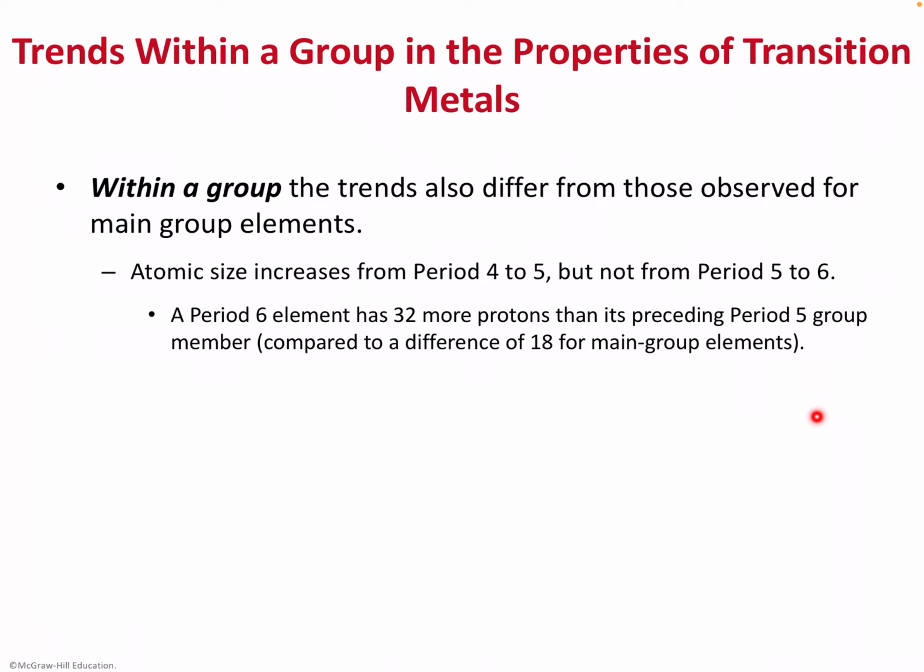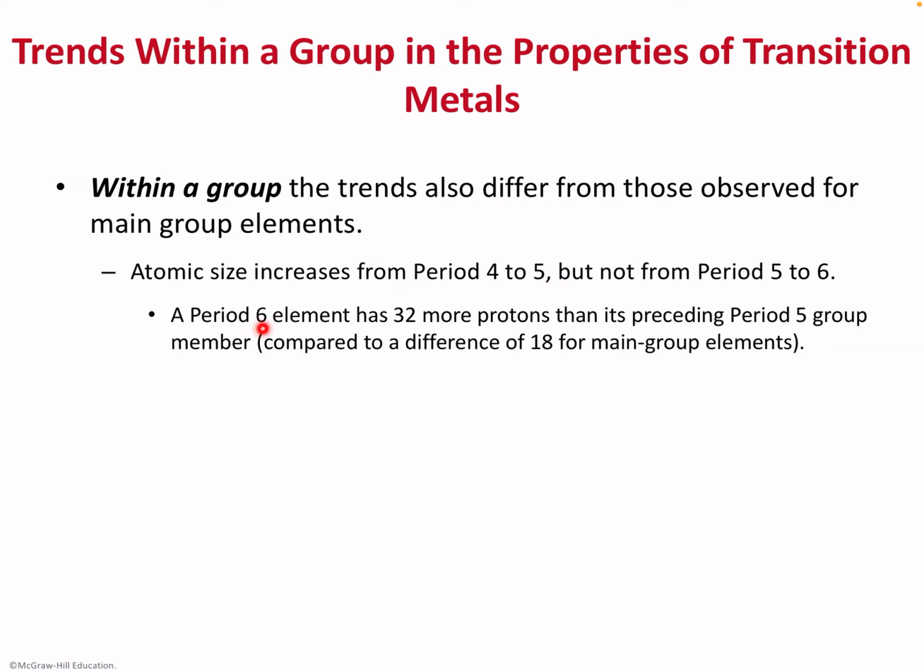Generally, we have seen in the main group elements, size increases as you go down the periodic table since we are adding one shell. The principal quantum number increases. Okay, but here atomic size increases from period 4 to 5 but not from 5 to 6.